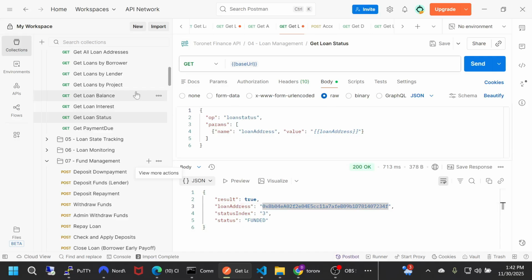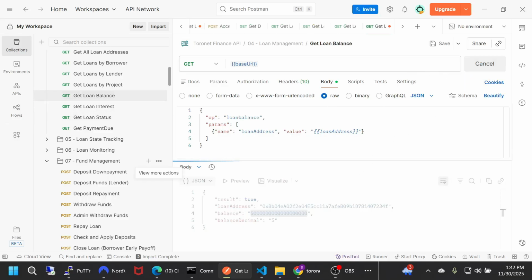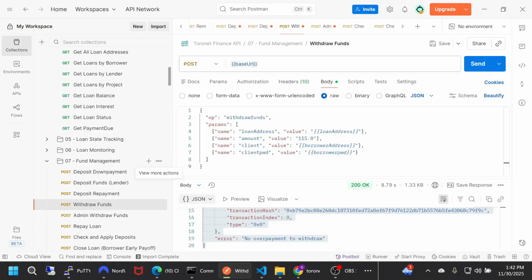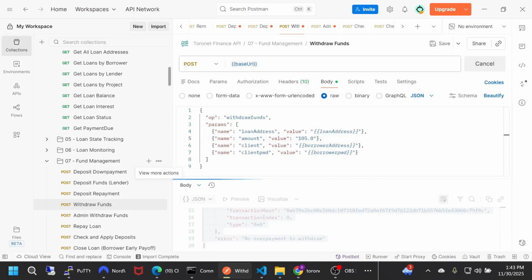Okay, we can check the balance now. And the new balance is 105. Okay, so now the next thing is the borrower will withdraw the funds and use that for the purpose that they need to use it for. Only a borrower who has the keys will be allowed by the loan to withdraw.